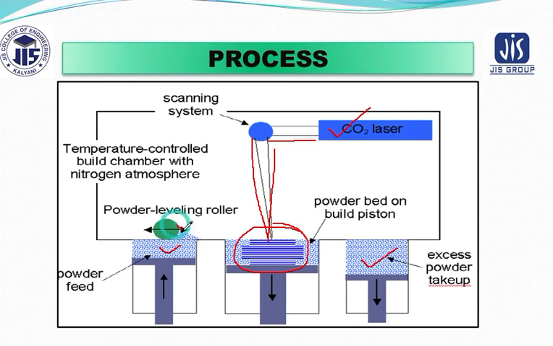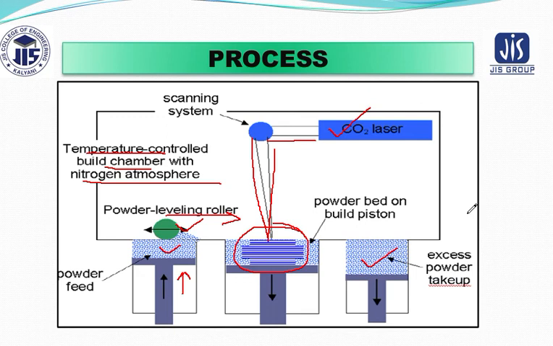Now this is a roller. You can see the platform slowly getting raised, so that the powder can be rolled with the help of this roller. This is basically your roller mechanism, and the entire thing is conducted in this chamber. It is a temperature controlled build chamber with a nitrogen atmosphere to avoid oxidation or any degradation of the product.